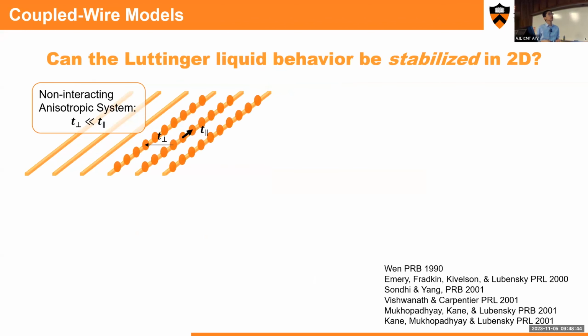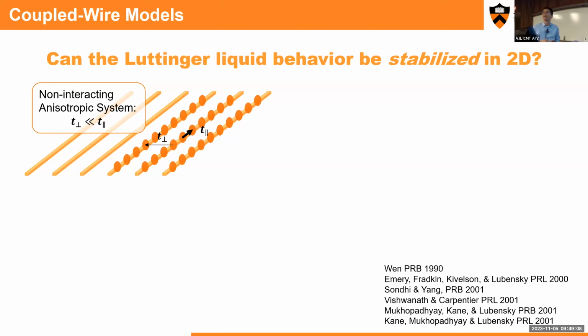And the question is whether we can extend such a one-dimensional Luttinger liquid to a two-dimensional situation. This was first proposed by Phil Anderson, trying to understand the cuprate system. But later on, it has been extensively studied by many of you here, our pioneers.